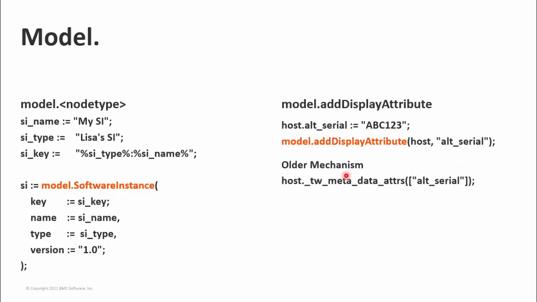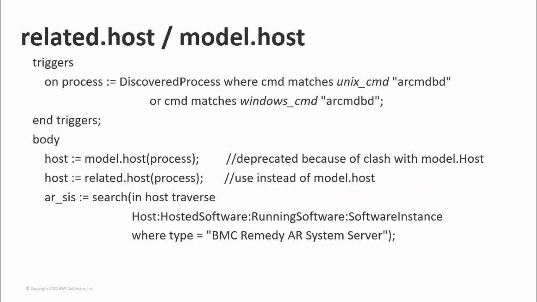The older mechanism is something like this, host._tw metadata adders, and then it's a list of attributes that you want to add. There's another model dot function I want to cover, which is called model.host with a lowercase h. And there's an equivalent function called related.host.